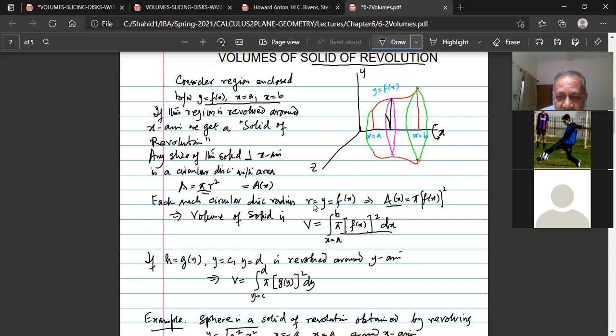So the area of the slice comes out to be pi f(x) square. And when I integrate over x, I get the volume of the solid of revolution. This is the basic formula if y is equal to f(x) along with these limits is revolved around the x-axis.